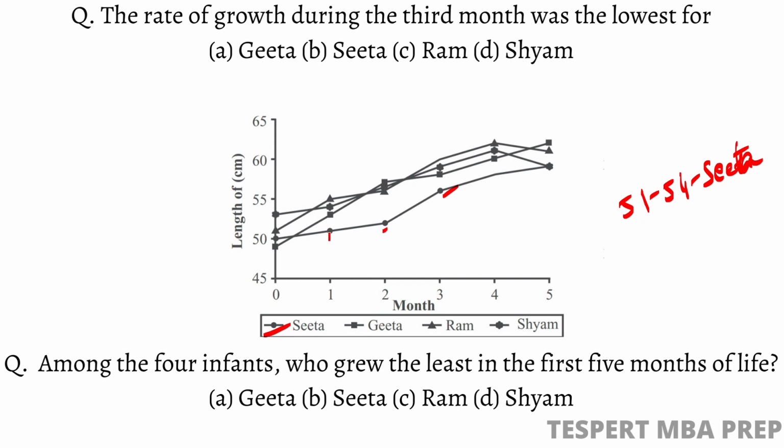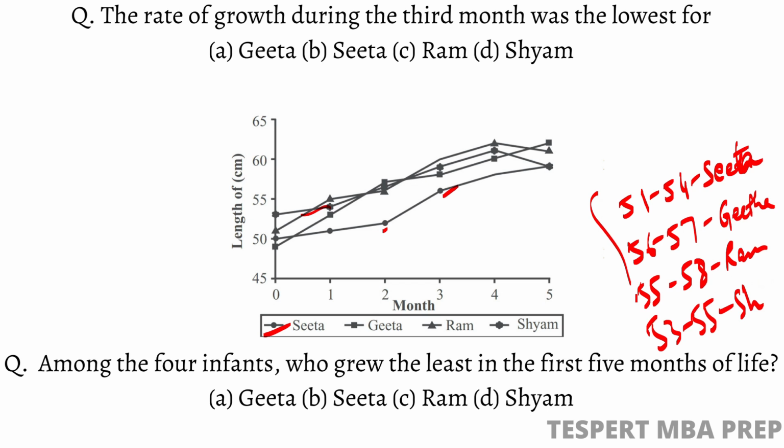If we observe for Geeta, during 3rd month, it's increased from 56 to almost 57, and the height of Ram has been increased from 55 to almost 58, right? And what about Shyam? Shyam's height has been increased from 53 to 55. So if we observe all these 4 infants during the 3rd month of their growth, the rate of growth is lowest for Geeta. So Geeta is the correct answer.